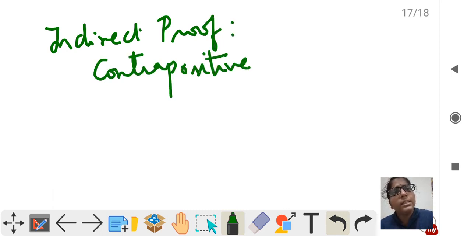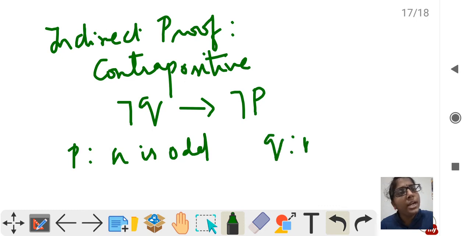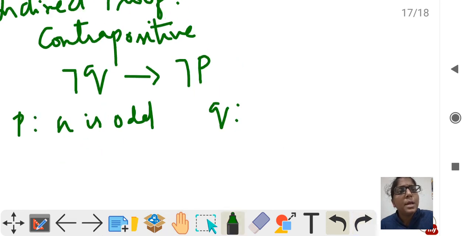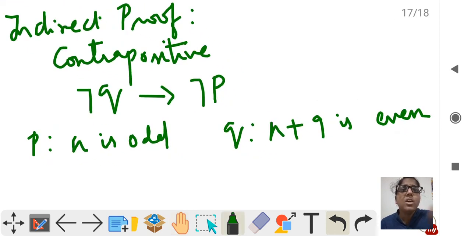It is negation Q implies negation P. What are the statements we have? P is n is an odd number, and Q, which we proved in the last direct proof, is n plus 9 is even, right?